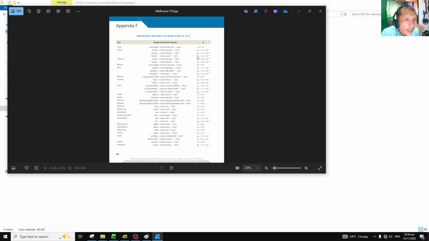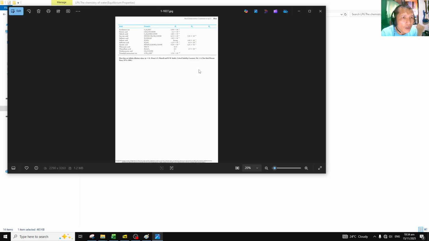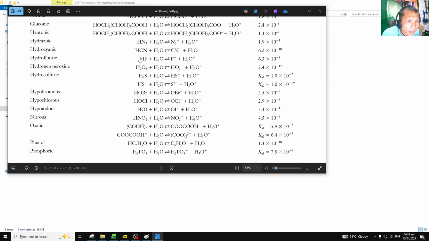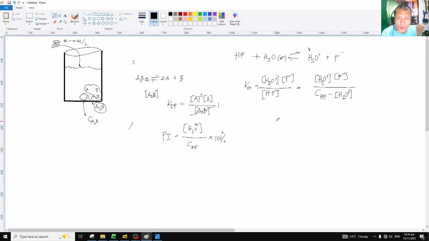So, HF with H2O, you have 6.3 times 10 to the negative 4. So, Ka for this is 6.3 times 10 to the negative 4. We can express it as H3O plus, and then we have F negative.